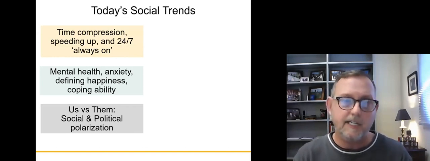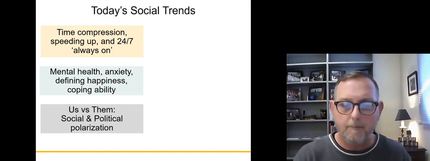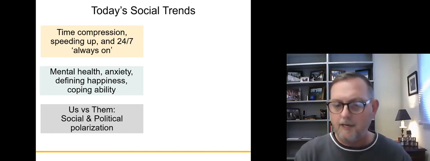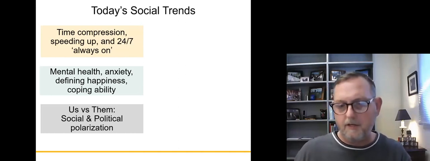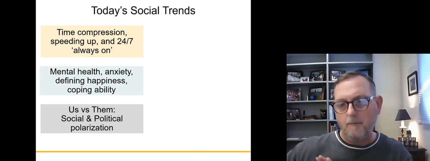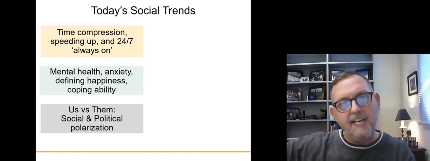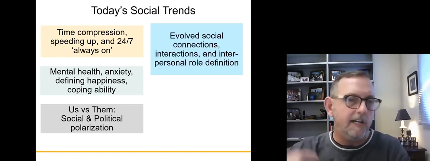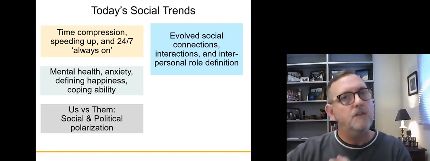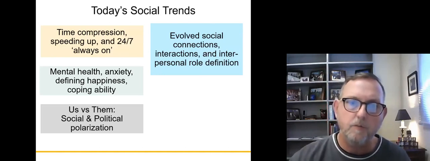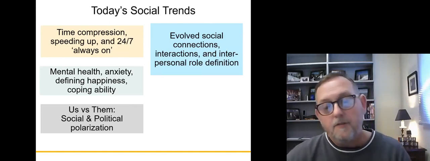So again, it's easy to see examples in the political world and maybe even in a demographic social world, but this idea that we group together and there's this polarity where groups can't seem to find similarities with each other or accept each other. So that's a big challenge. That's a big social trend we're dealing with.